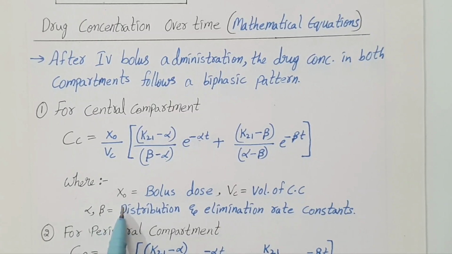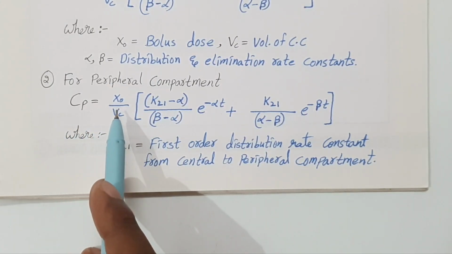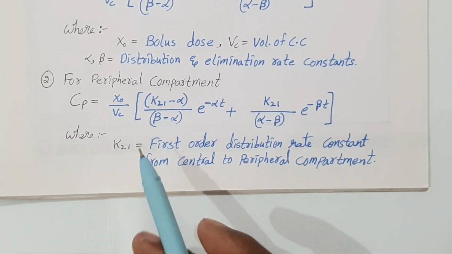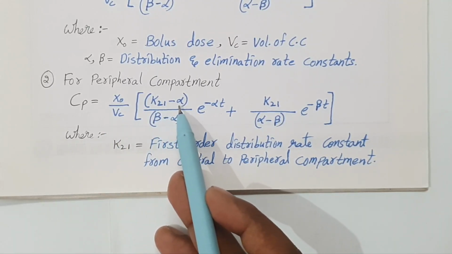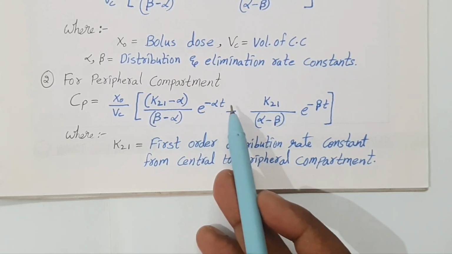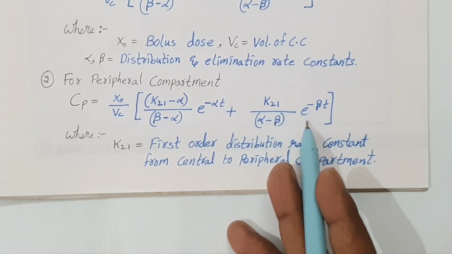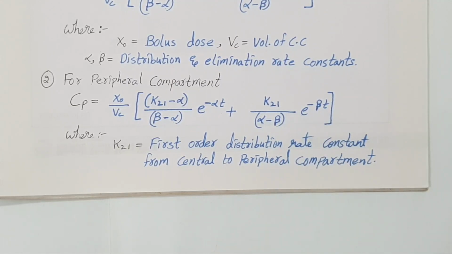Here X naught equals the bolus dose, Vc is the volume of the central compartment, and alpha and beta are the distribution and elimination rate constants. For the peripheral compartment, Cp equals X naught divided by Vc, then in brackets (K21 minus alpha) divided by (beta minus alpha) e power minus alpha t, plus K21 divided by (alpha minus beta) e power minus beta t.